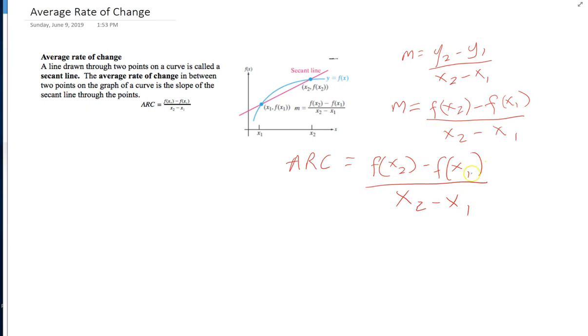So average rate of change, the slope of the secant line between 2 points on a curve, is given by the formula f of x sub 2 minus f of x sub 1 over x sub 2 minus x sub 1.